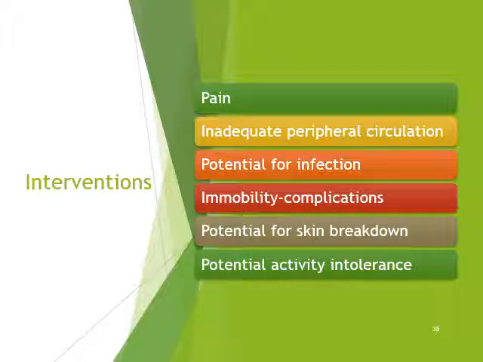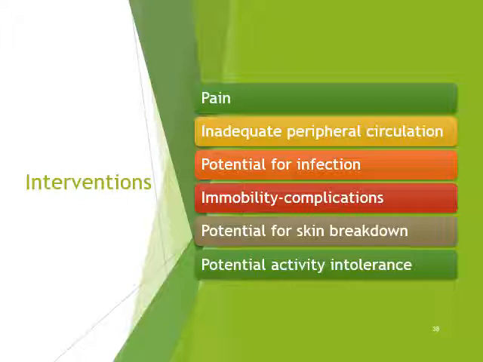Another thing that can happen is GI problems. So constipation, not only from their immobility, but because also the pain medications that they may be taking, the opioids, can lead to constipation. So that's always a problem with immobility. So we always want to encourage our patients to try to do range of motion and wiggle their fingers, wiggle their toes.